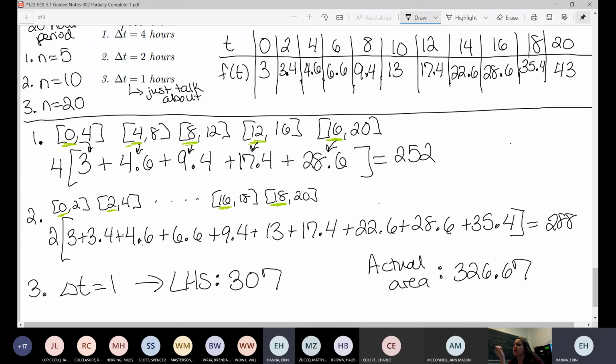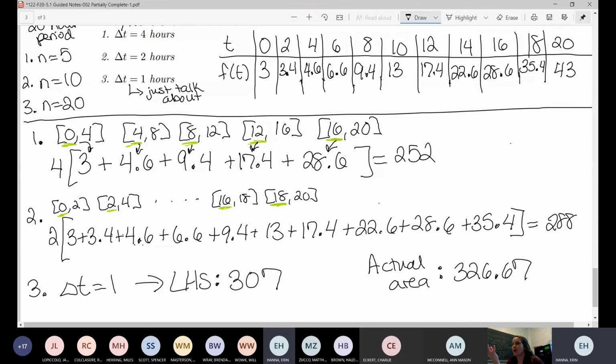So it's better the more rectangles you use, but of course, the more rectangles you use, the more obnoxious the problem becomes. But if we could use infinitely many rectangles, that would give us the actual area.